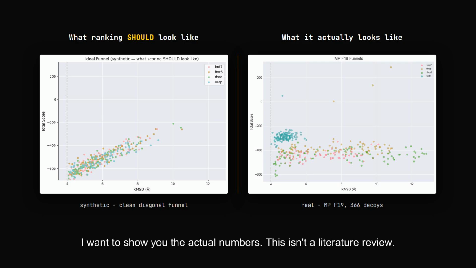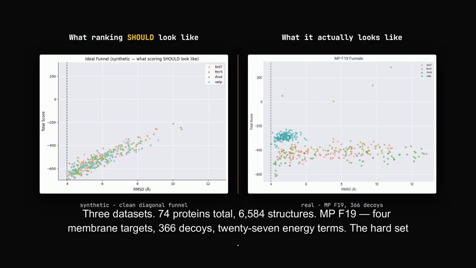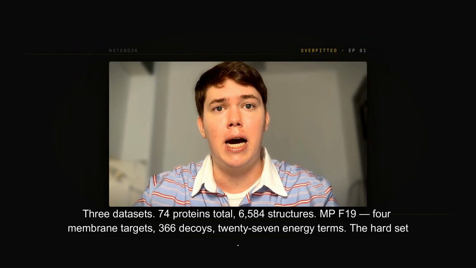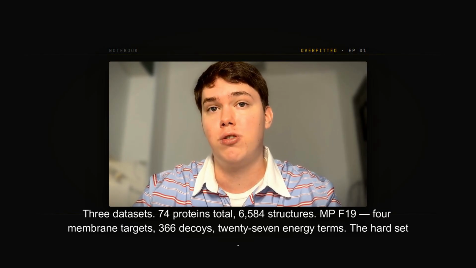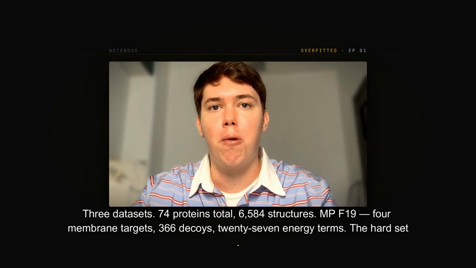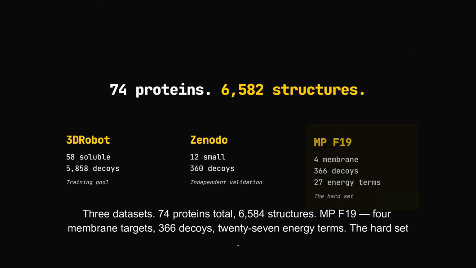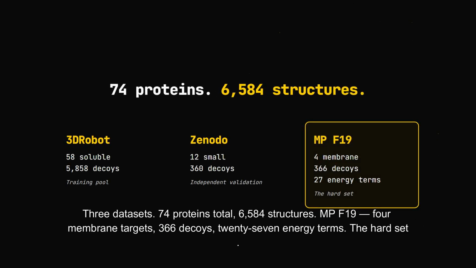I want to show you the actual numbers. This isn't a literature review. This is from a Jupyter notebook open on my laptop right now. I'm working with 3 datasets, 74 proteins in total, 6,584 structures. The first, 3DRobot, 58 soluble proteins, almost 6,000 decoys, the standard training pool for this kind of task.